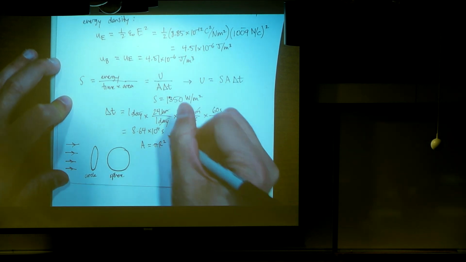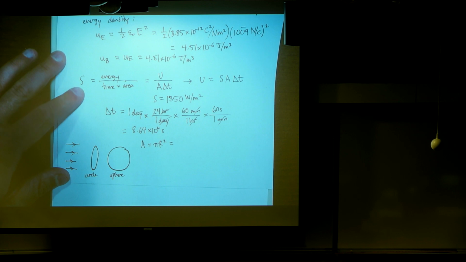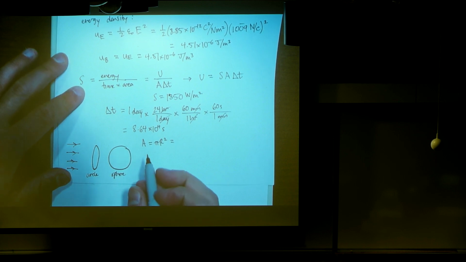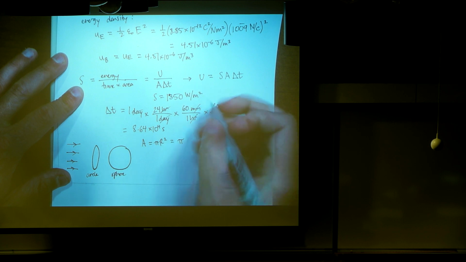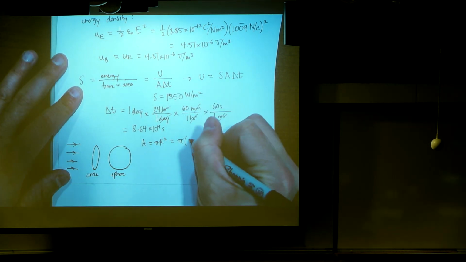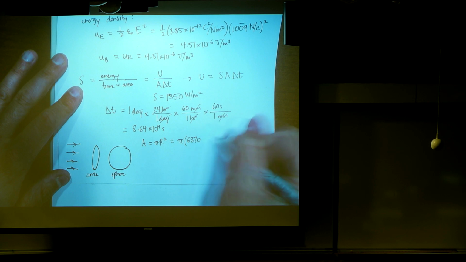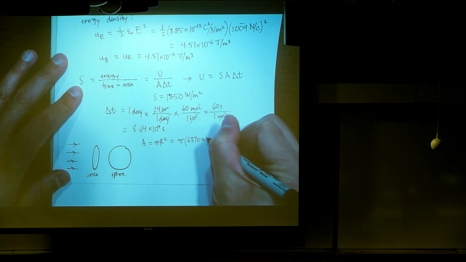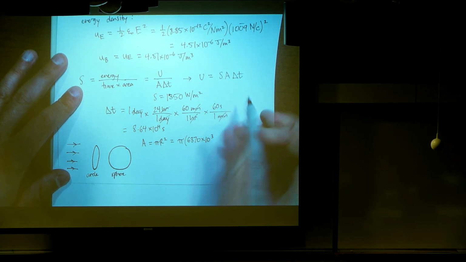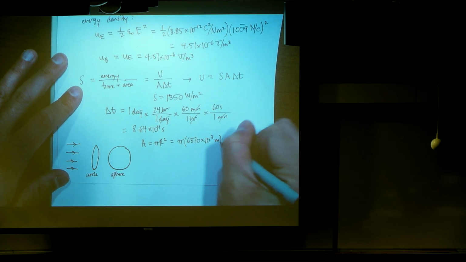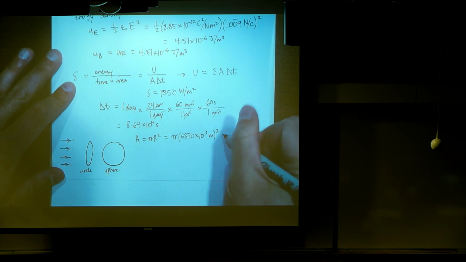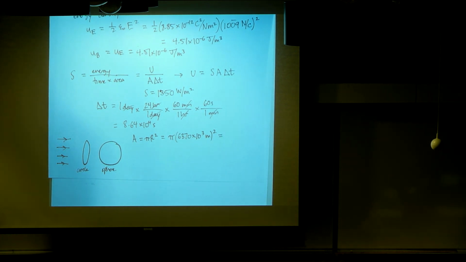So let's put a number to that area. That area is going to be pi times the radius of the earth, which is 6,370 kilometers, but I'm going to put that as 6,370 times 10 to the 3 meters, and we'll square that. So can someone tell me what that area comes out to?